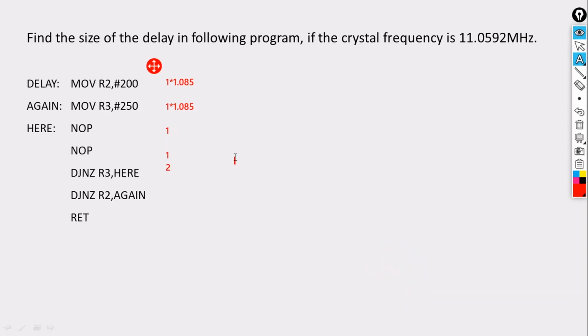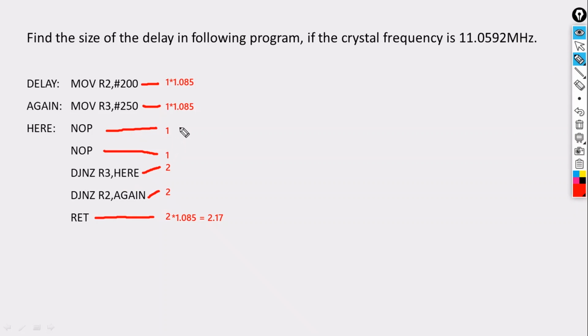The next ones take two machine cycles each. And the return instruction is executed once, so it is 2 into 1.085, which is equal to 2.17.